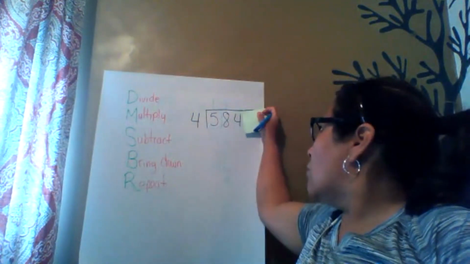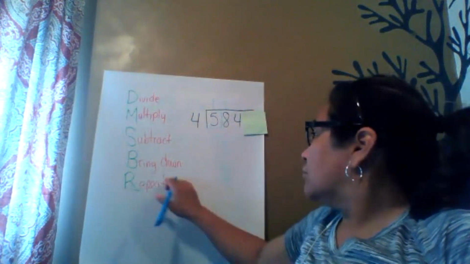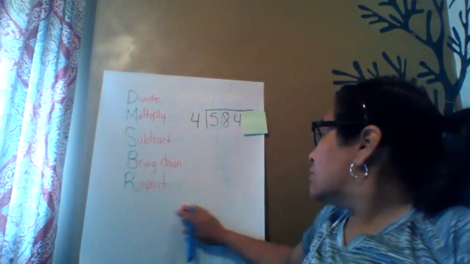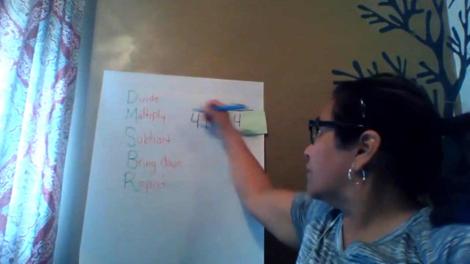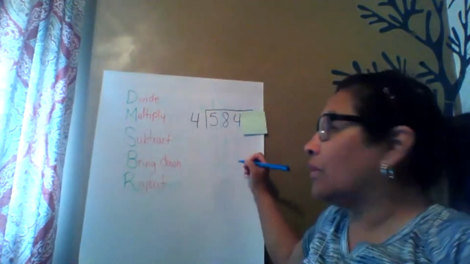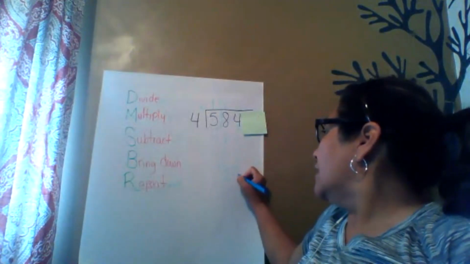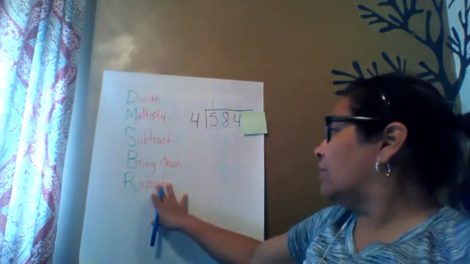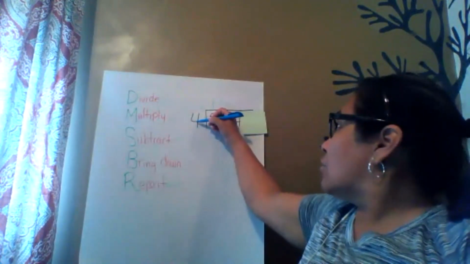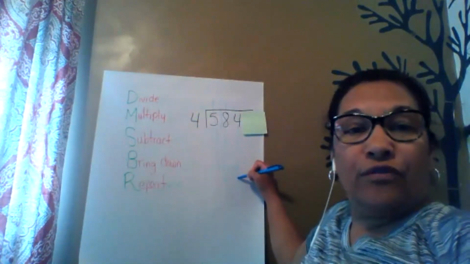And so now we have to do what? We have to repeat it, don't we? So let's repeat it again. We need to bring it down. Ooh, I went 1 step further. Bring down my 4, and then we repeat. Then we start all over again, right? So 4 will go into 24.